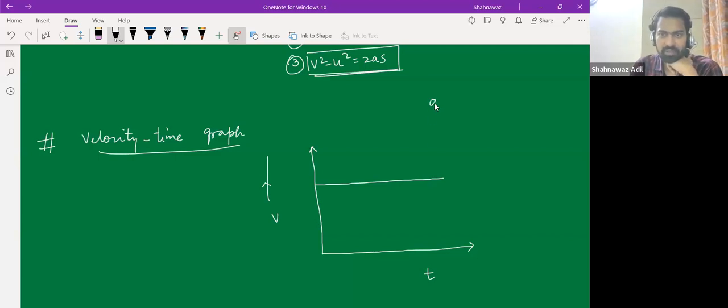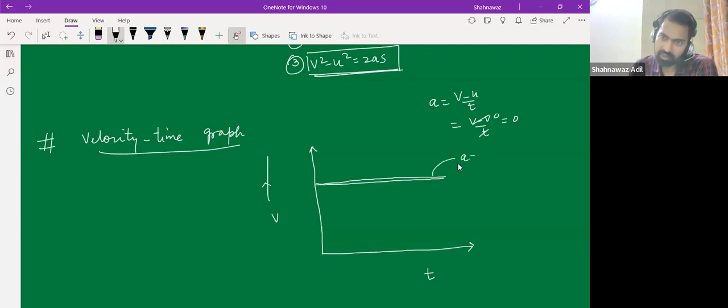So if I calculate the acceleration, which is v minus u by t, this would be v minus v by t, which is 0. So this represents uniform velocity, constant velocity. But for this case, acceleration is 0, right?